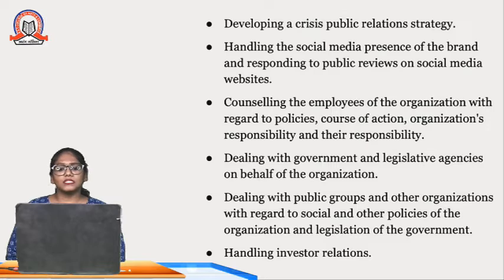They also counsel the employees of the organization with regard to policies, course of action, the organization's responsibility and also their responsibility as an organization and as an agency.